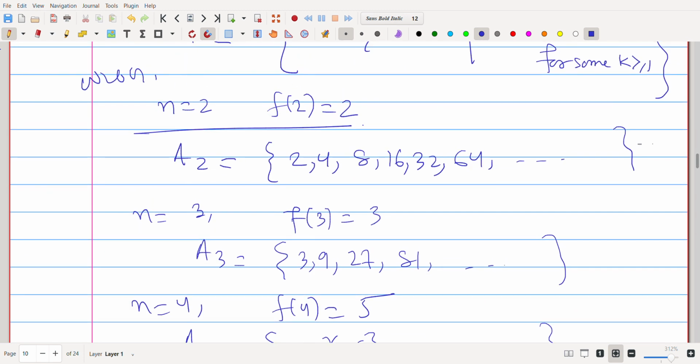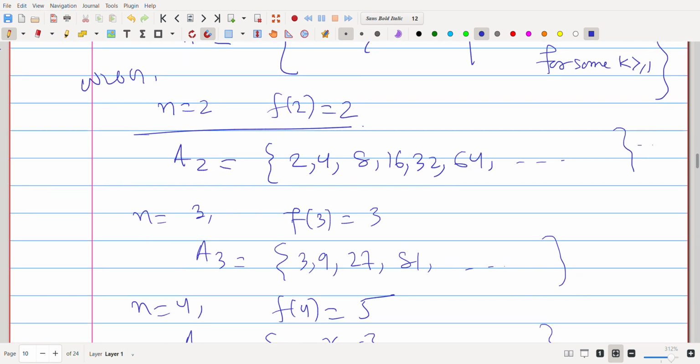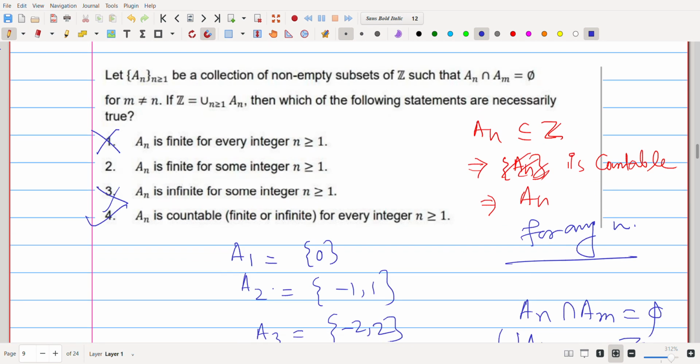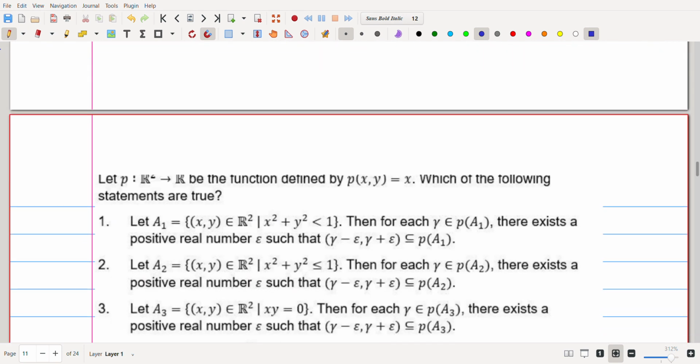Fine. Now you can observe that all A_n are infinite here. Hence the second option, which is saying that A_n is finite for some integer, is also false, because here all A_n are infinite. Very good.